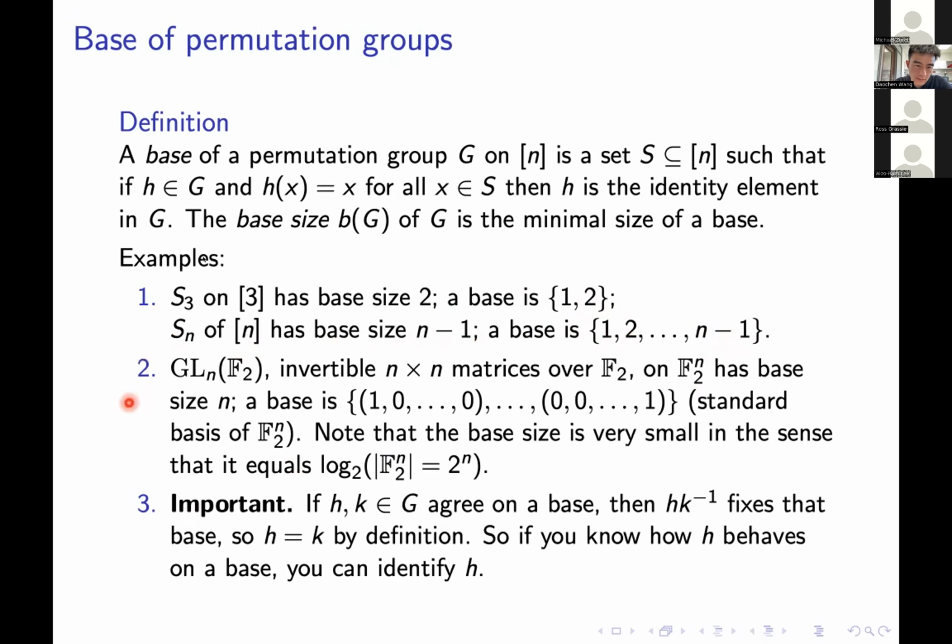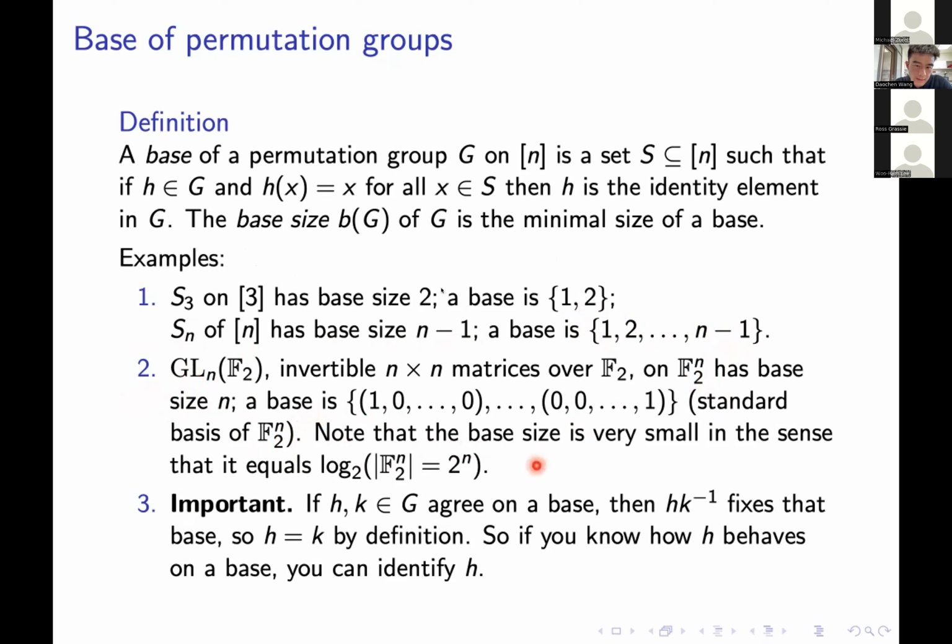A more interesting example is when the group G is GLn of F2, which is the set of invertible n by n matrices over F2. This group acts on F2 to the n, and it has base size n. A base is the set of standard basis vectors of F2^n.